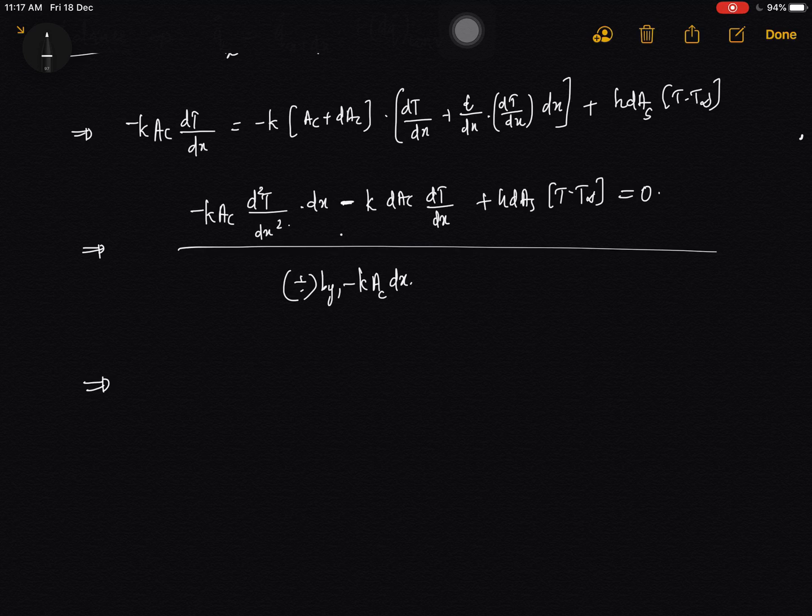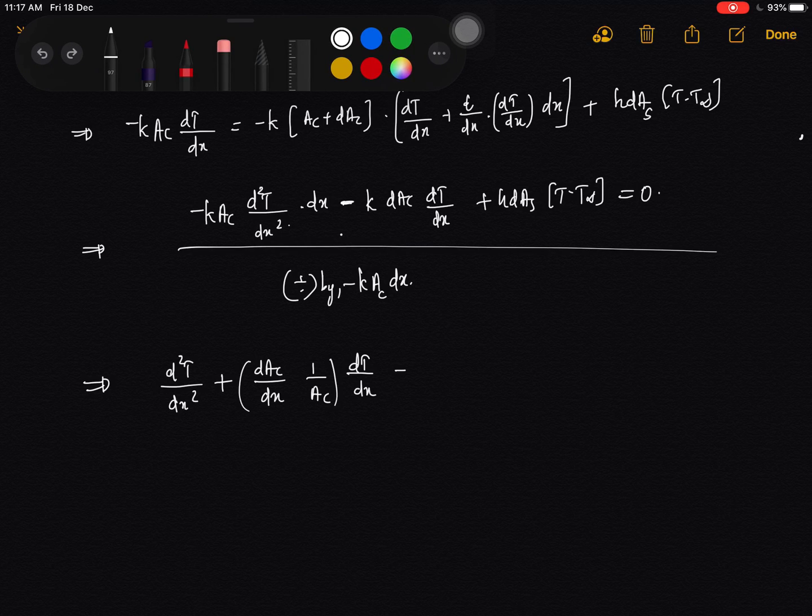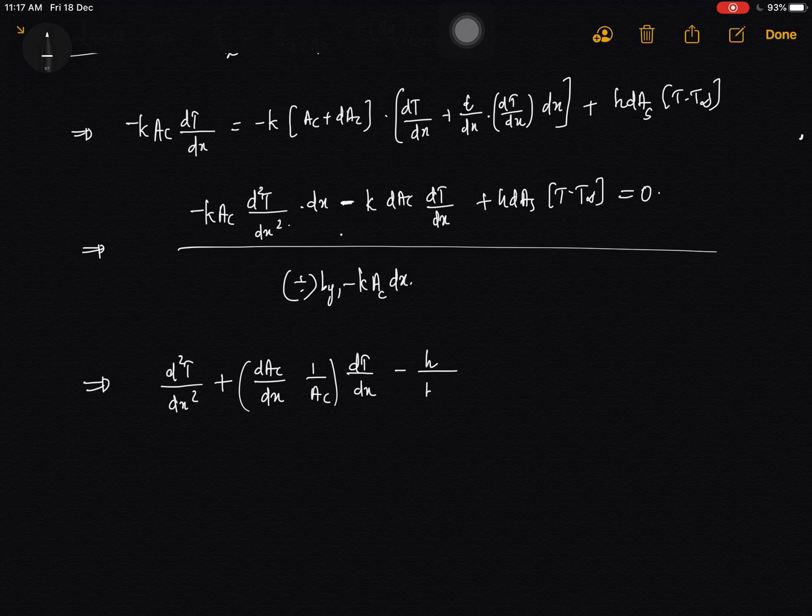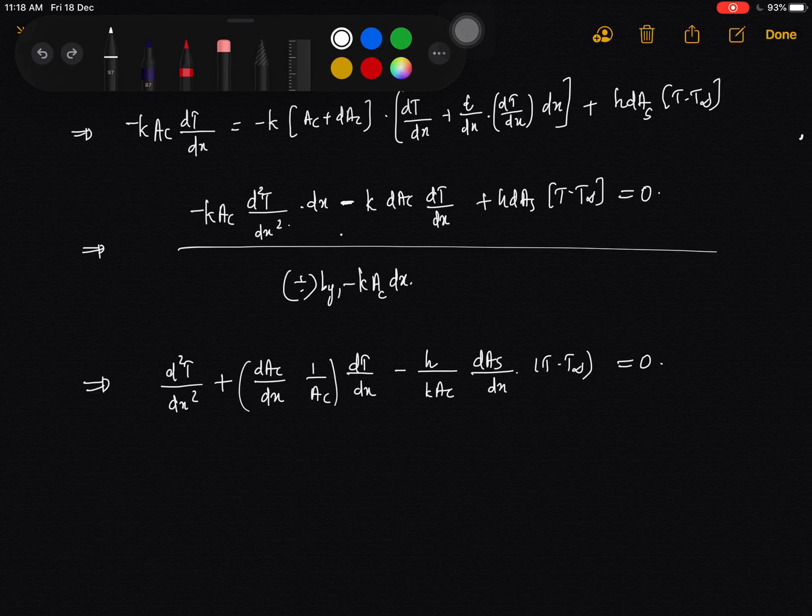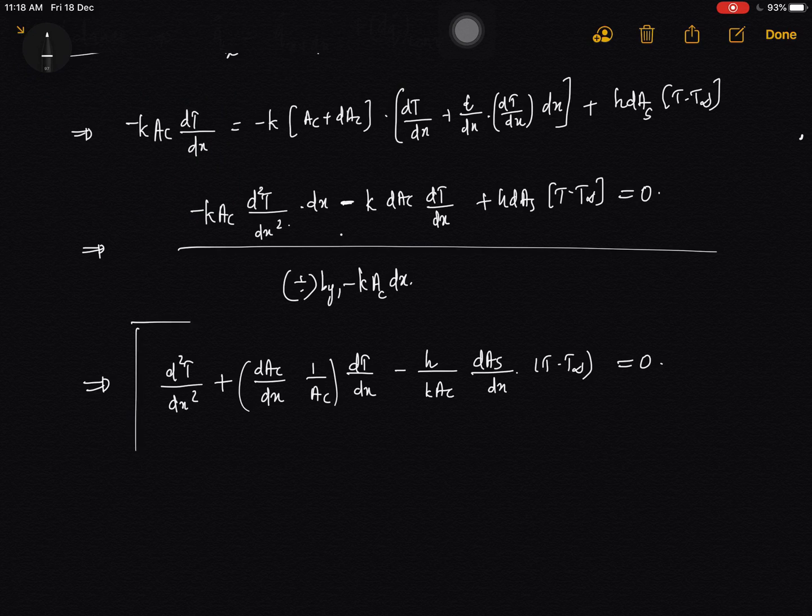We can write this as d²T/dx² plus (dAc/dx) into (1/Ac) into dT/dx minus (h/(k Ac)) into (dAs/dx) into (T minus T infinity) equals 0.